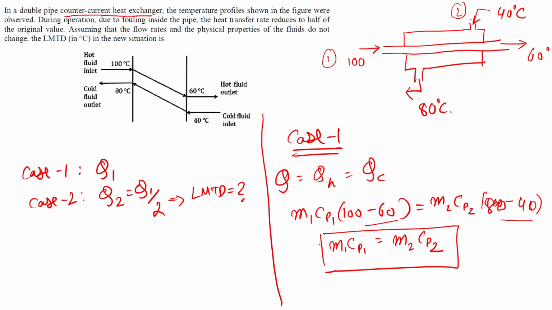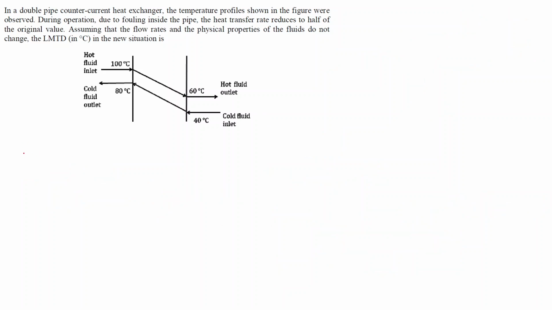Now we will do it for case 2, that is the fouling case. For this case, let's consider the hot fluid outlet temperature to be T1 dash out, and similarly, the cold fluid outlet temperature to be T2 dash out. The inlet temperature of both these fluids will remain the same.